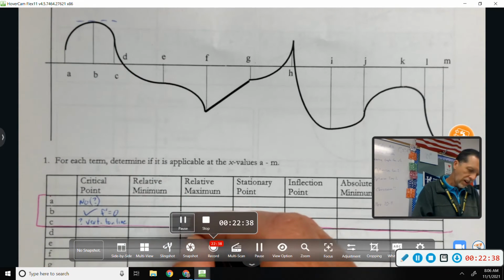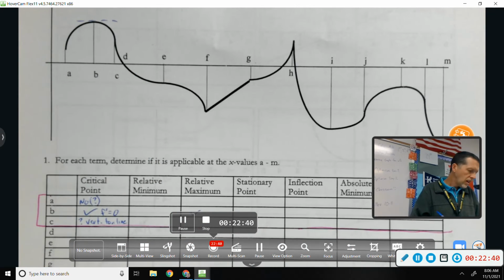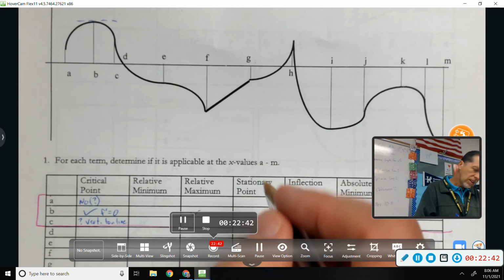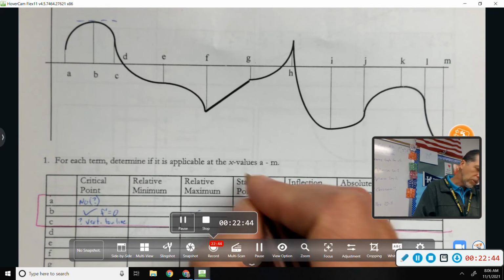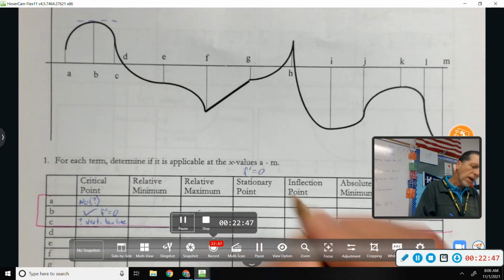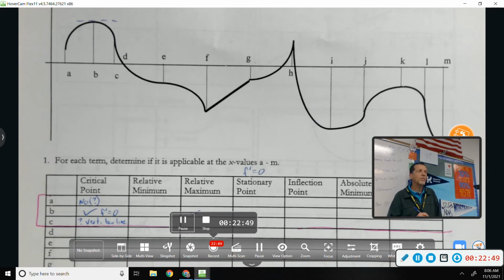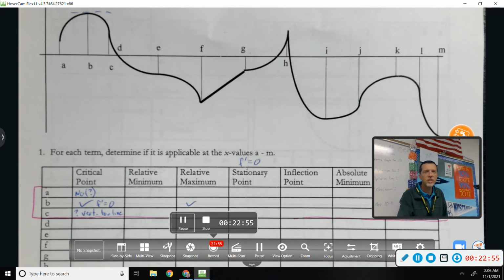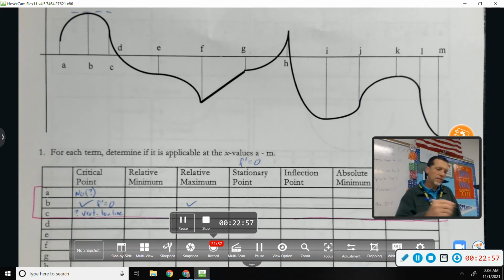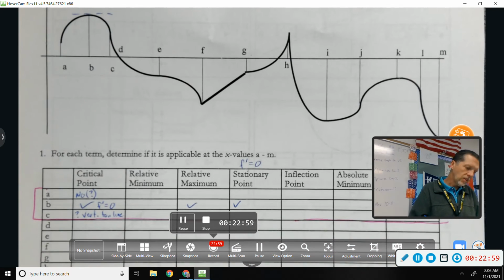B is, yeah. A stationary point is, and we haven't used that word before, where f prime is 0, so where it's not changing at that moment. So A, B, and C, is any of those stationary points? B is. Its derivative is 0.